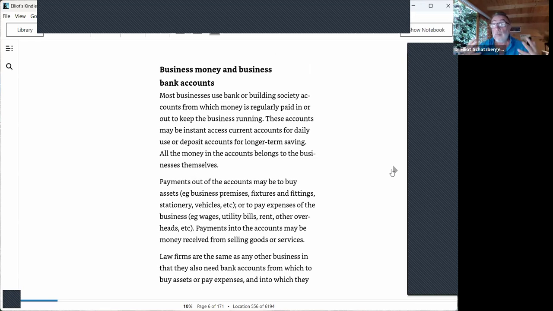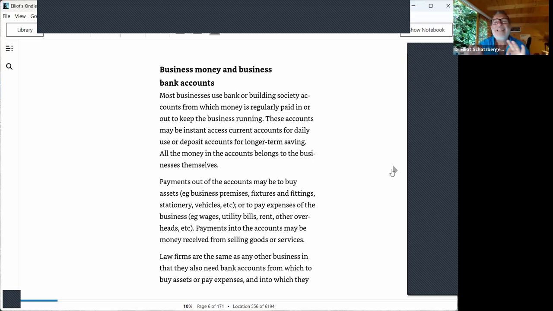Now, your own business account, your own bank account, you can kind of do whatever you want, really. And you would open that up so that money for you goes into that account. But you must not put client money into your business account. Weirdly, but it's not really weirdly, you can put business money into your client account, as long as when you suddenly realize it's actually yours, you can transfer it back again.